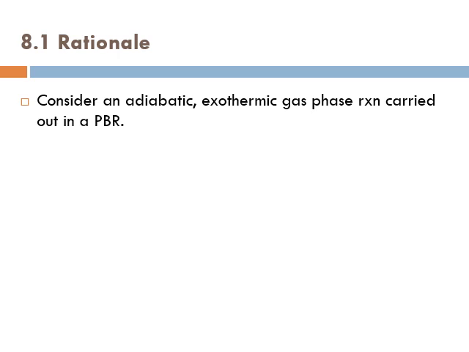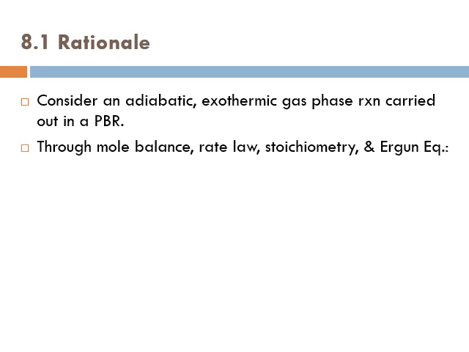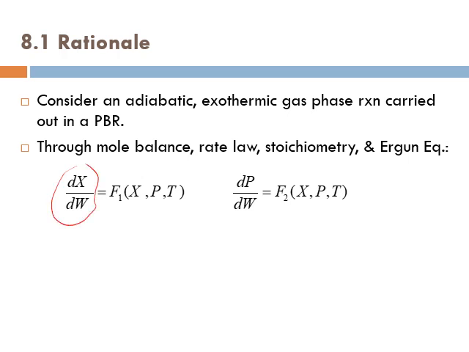Okay, again, let's consider an adiabatic exothermic gas phase reaction carried out in a packed bed reactor. Through mole balance, rate law, stoichiometry, and Ergun equation, we derive a differential equation that is dX/dW, which is a function of X, conversion, pressure, and temperature, right?